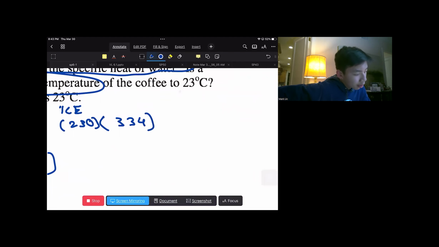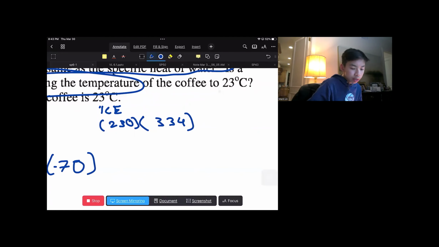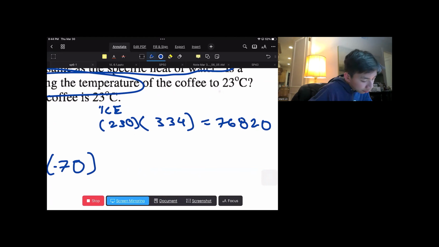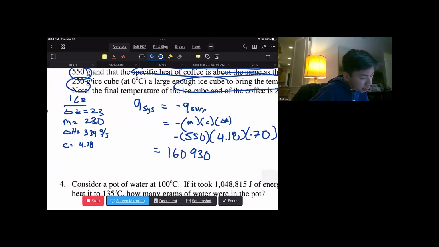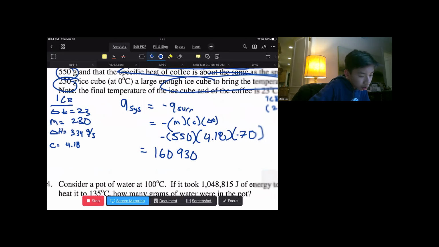We multiply both of these together, 230 times 334, and we're going to get 76,820.